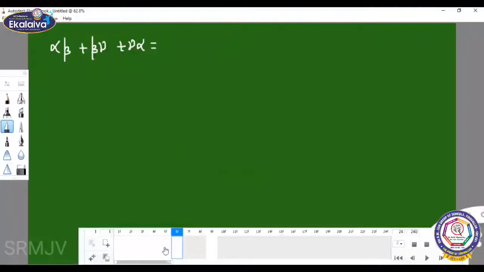The product of three roots, alpha beta gamma, equal to minus d by a.